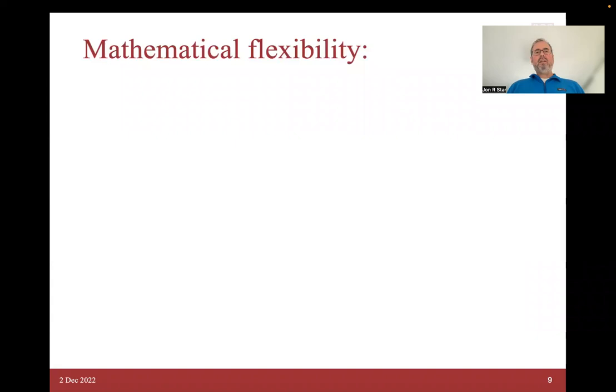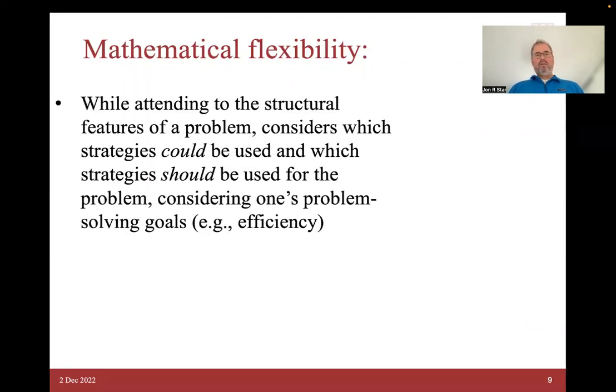So, more formally, what I call mathematical flexibility can be thought of as having the following two features. While attending to the structural features of a problem, a student who is flexible considers which strategies could be used and which strategies should be used for the problem, considering one's problem-solving goals.